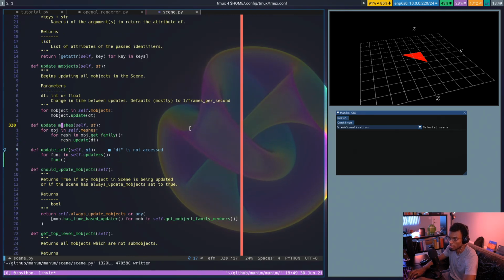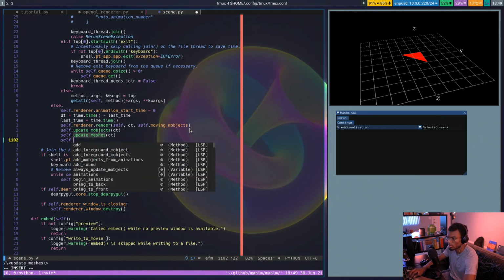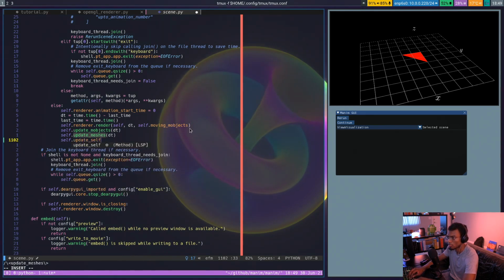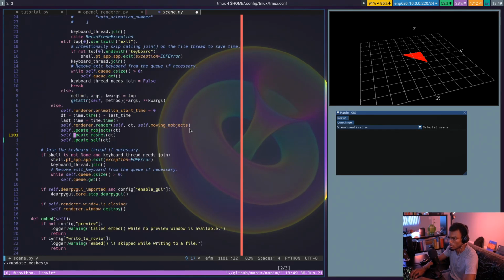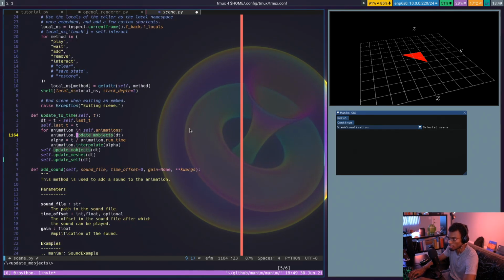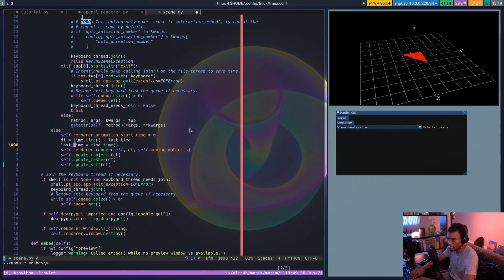Then I'm just going to call update self wherever I call update meshes. I think there's another place. Oh, update to time, update objects, update meshes, update self, and then here in interact. Okay, so that's both.